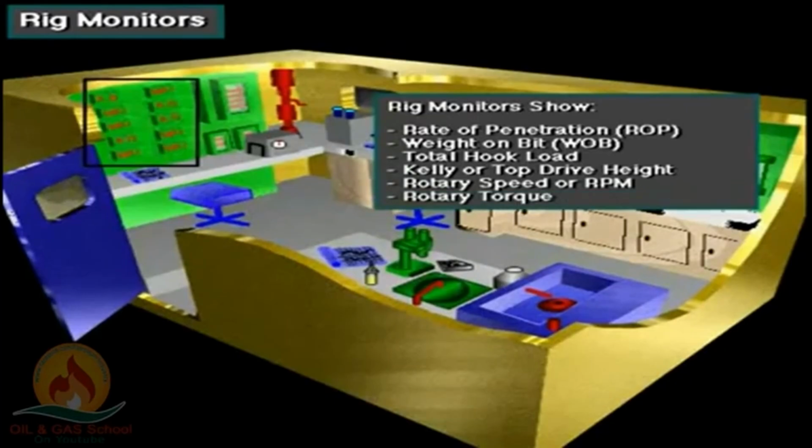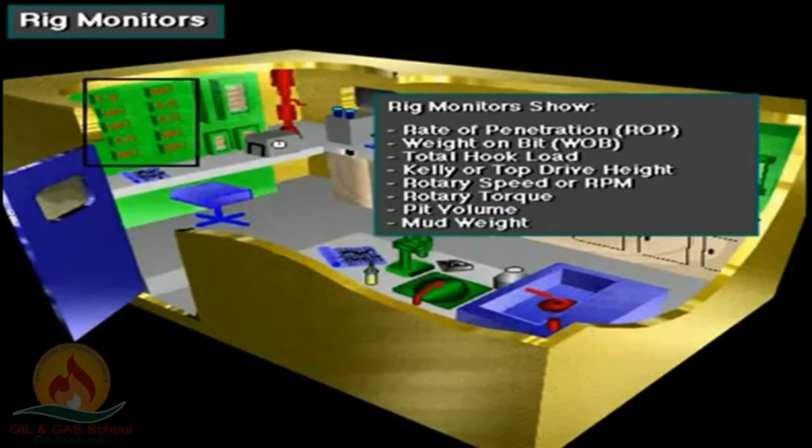Rotary torque, the twisting force on the drill string. Pit volume, the level of mud in the mud tanks. Mud weight, in and out of the hole. Mud temperature.